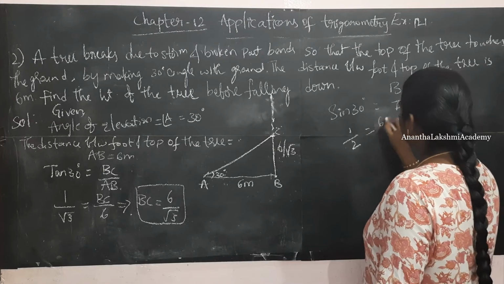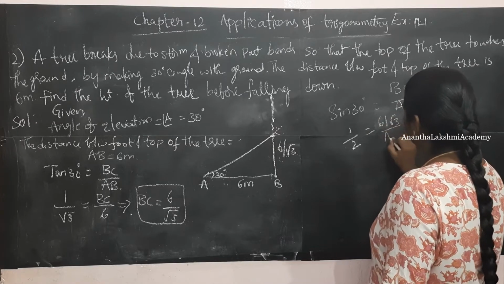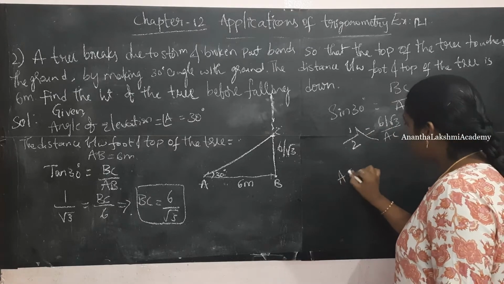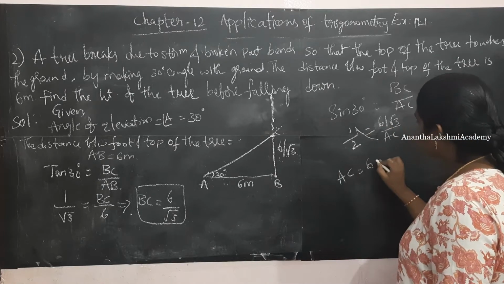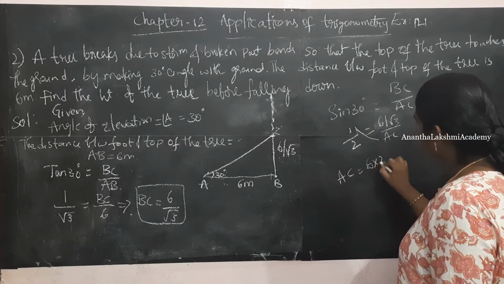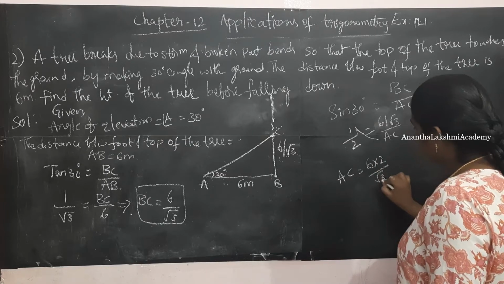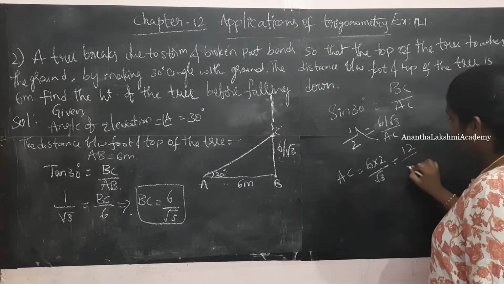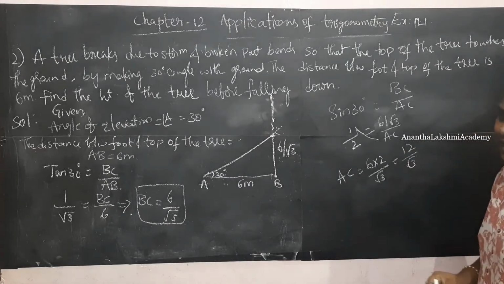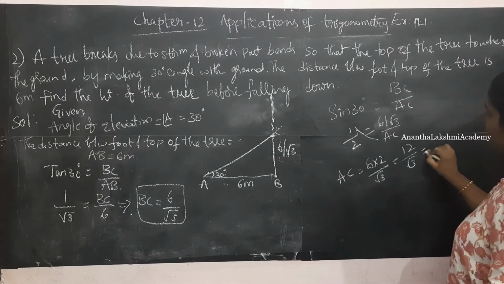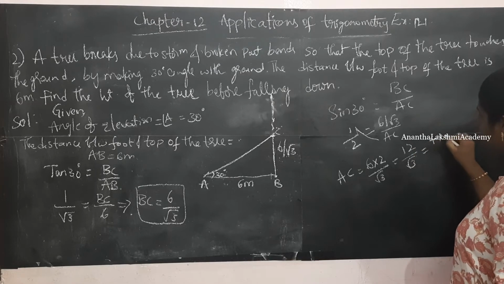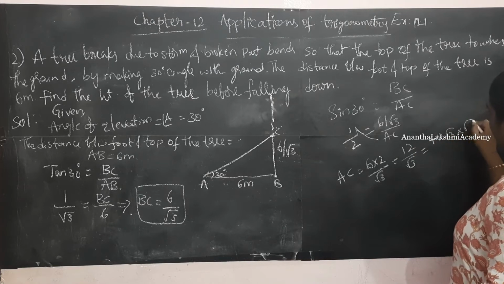BC is 6 by root 3, and here comes AC. If I take AC to this side, AC is equal to 6 into 2 by root 3. What is 6 into 2? 12 by root 3. If we simplify this, we can write it in the form of 4 multiplied with root 3 into root 3.